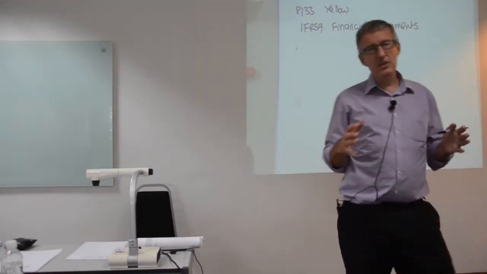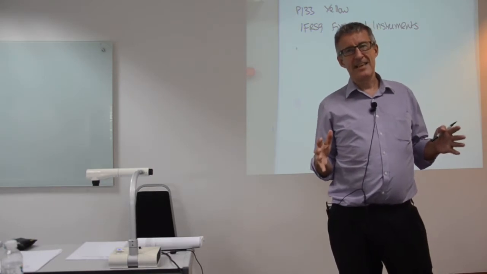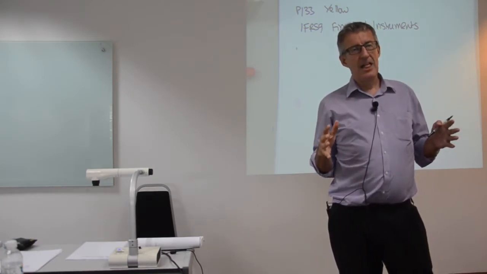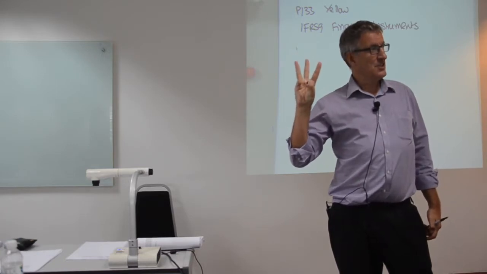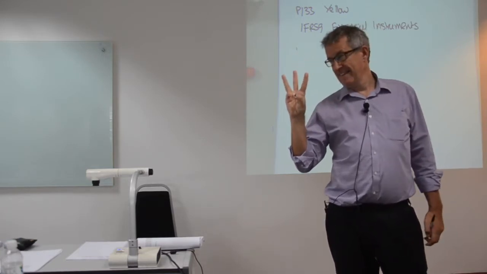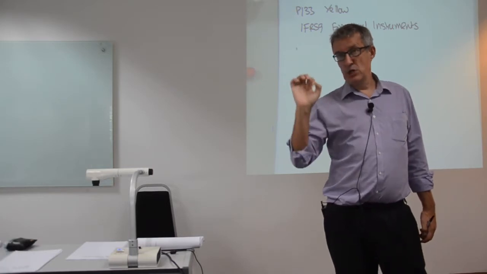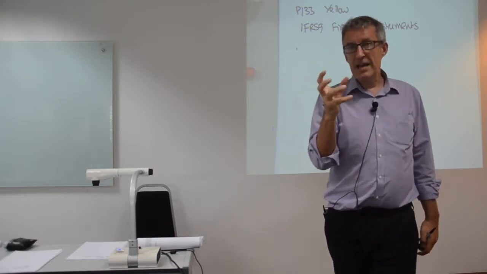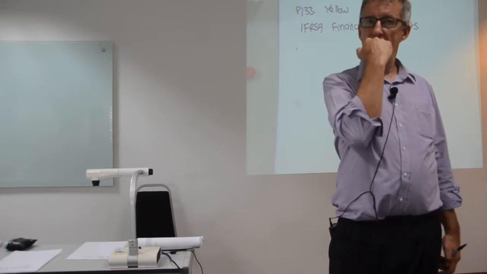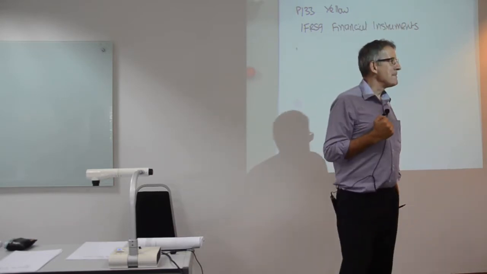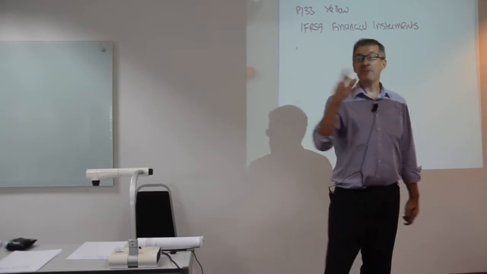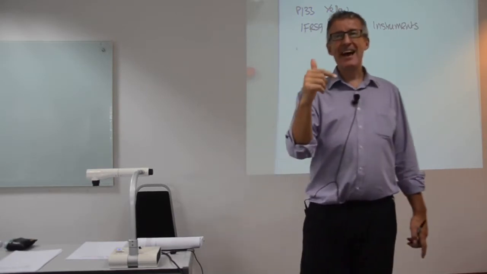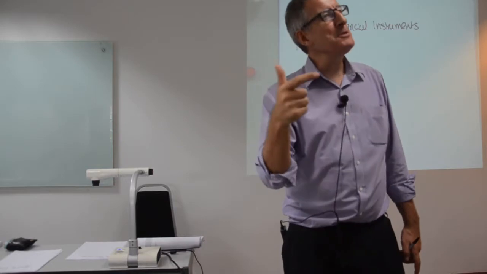If we're going to deal with financial assets, potentially, there are three types of financial asset. And the classification name gives away the accounting treatment. Do you remember this? Let me give you another clue. We have a mixed measurement system.